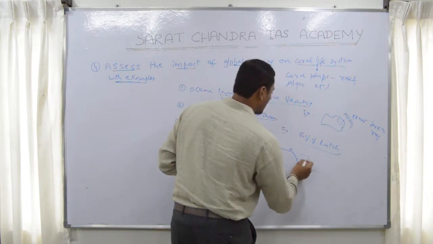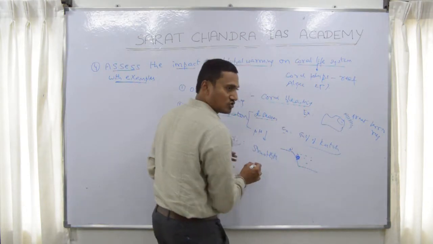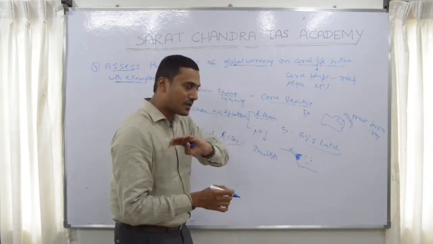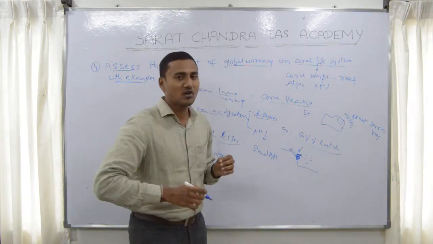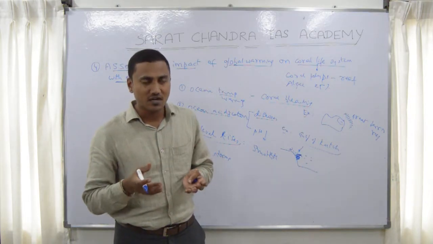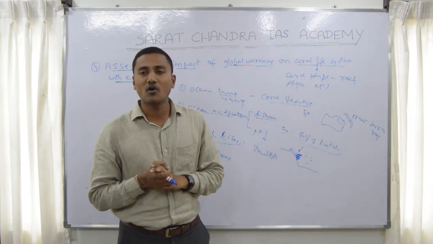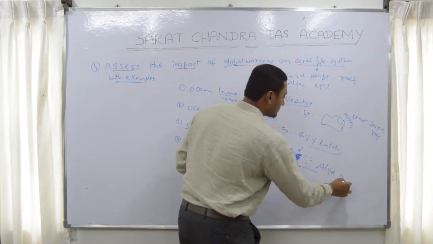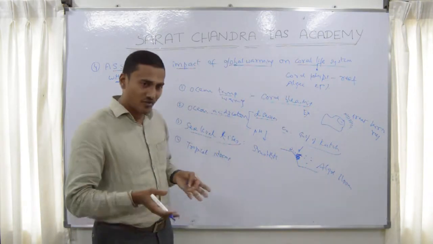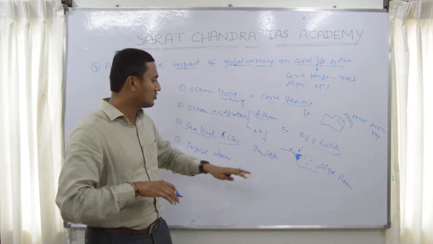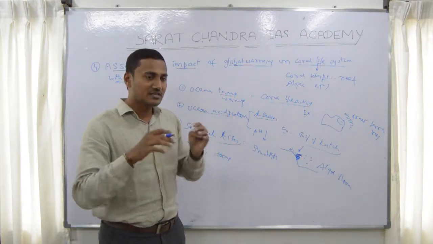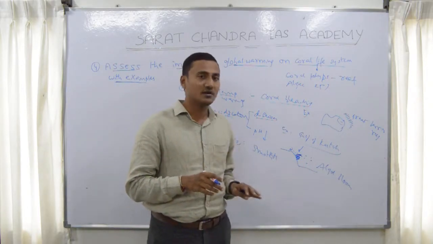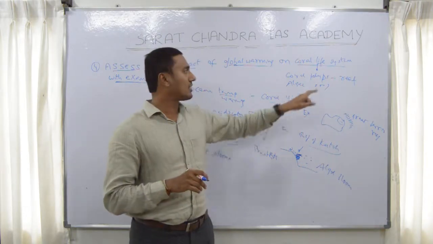If this is the ocean, and these are the coral reefs in the ocean, the sediments coming into the ocean will smother the coral reefs, because of which the sunlight cannot really enter the coral reefs, because of which again there will be development of dangerous algal bloom. So the sea level rise leads to sedimentation, which leads to smothering, covering of the coral reefs, that reduces the penetration of the sunlight, which in effect creates dangerous algal bloom, which will affect the coral ecosystem.